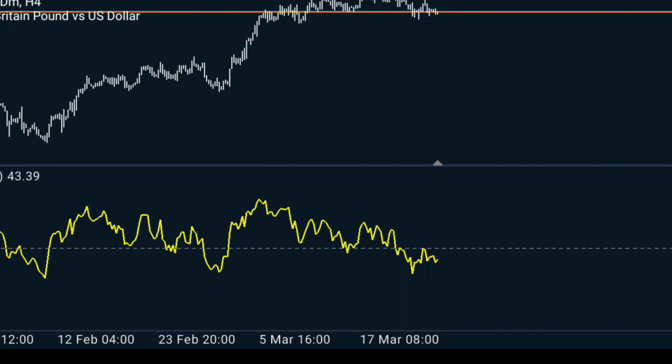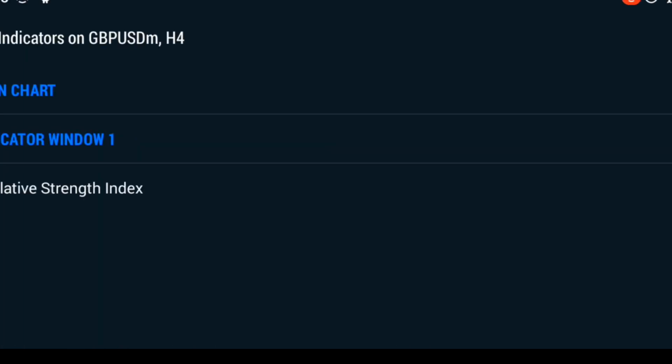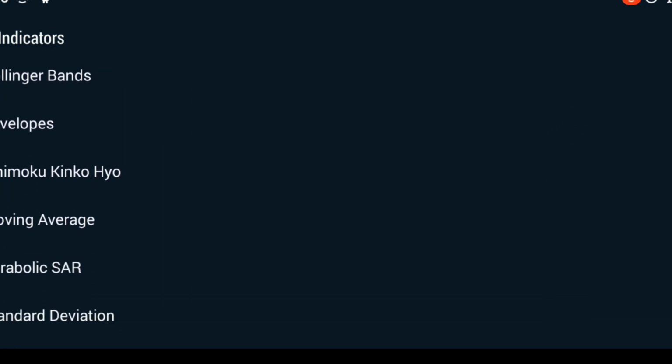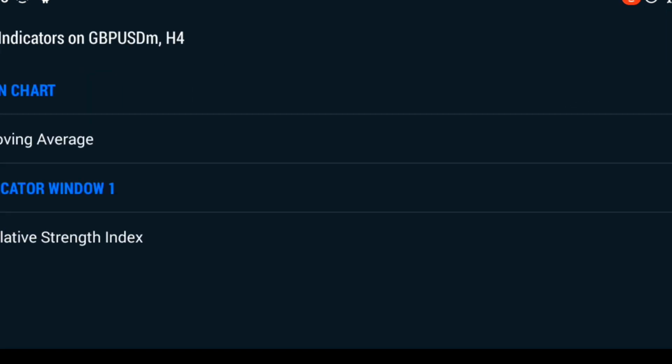So in this case, the RSI, the relative strength index, at this point was above the 50 level. So we can say the market is bullish. So if we add our moving average, what is it going to tell us? So we click and add our moving average.